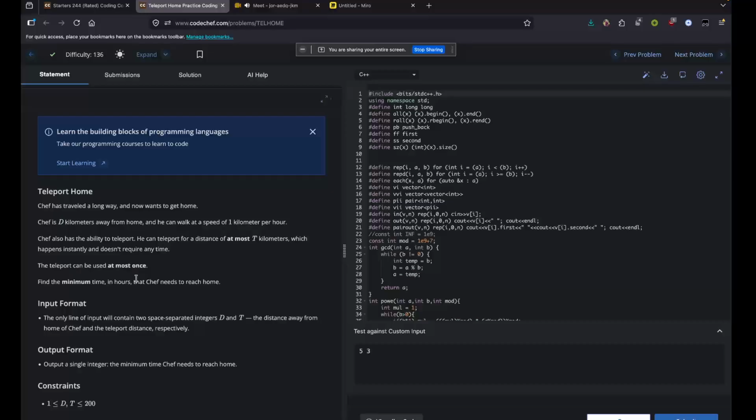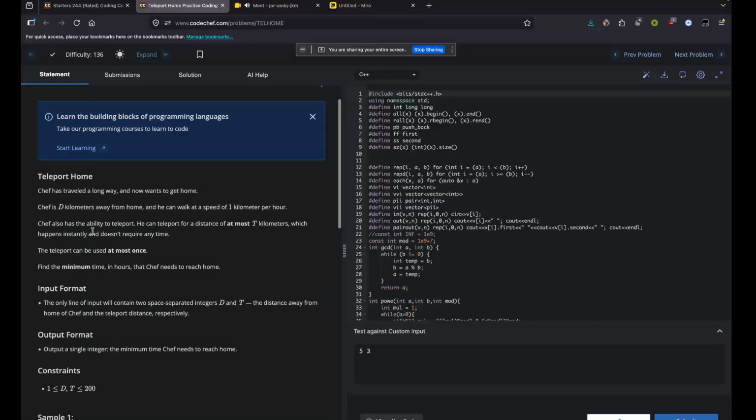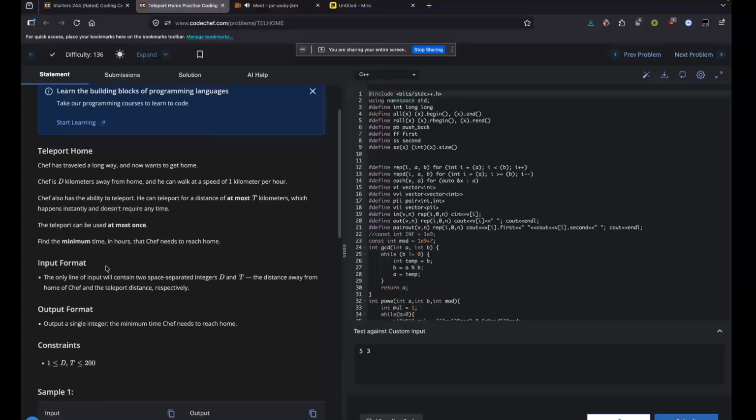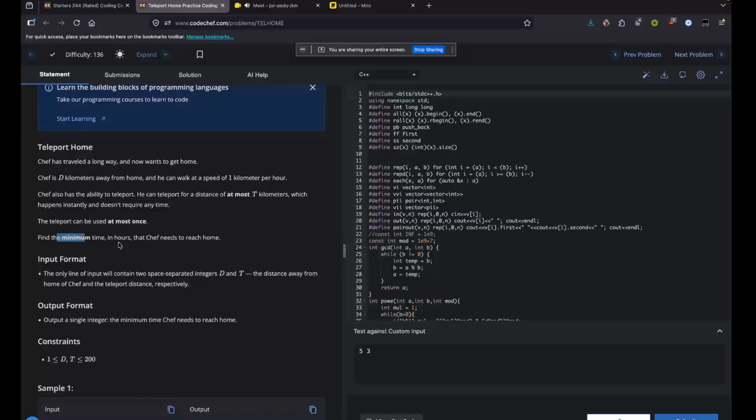Seth also has the ability to teleport, for a distance of at most 3 kilometers, which happens instantly and doesn't require any time. The teleporter can be used at most once. We have to find the minimum time in hours that Seth needs to reach home.